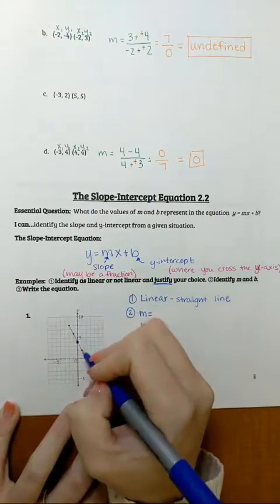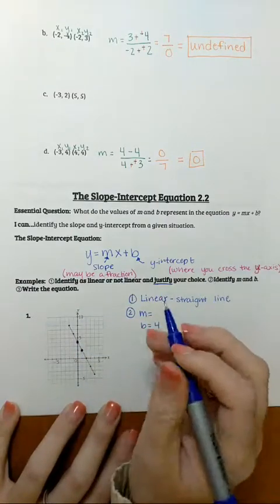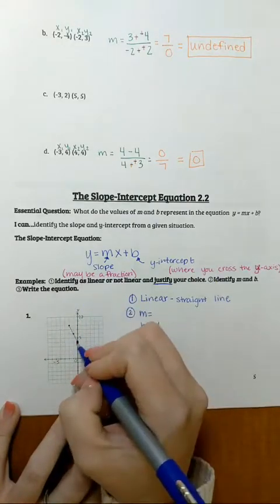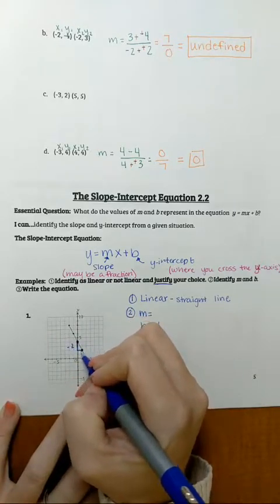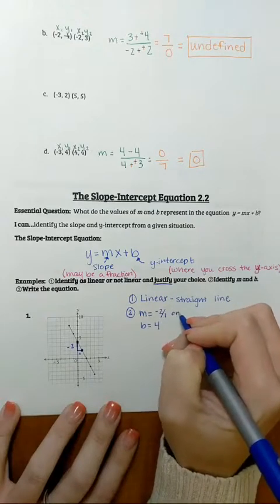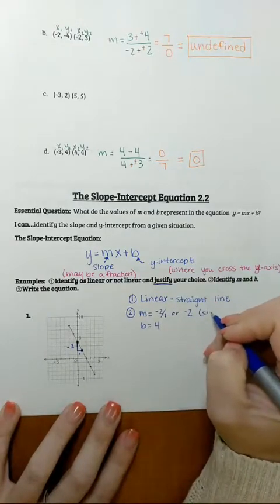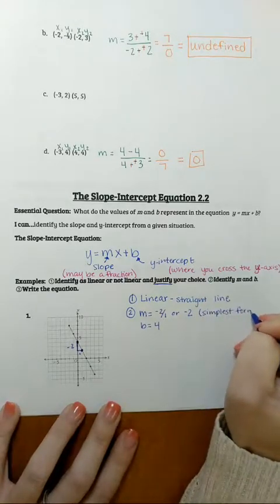Now when we do this, we're going to pick any 2 points and go from one to the other. Make sure you're going from left to right. So 1, 2. I went down 2, so that is minus 2, and then over 1. So negative 2 over 1, or just negative 2. Make sure this is in simplest form.